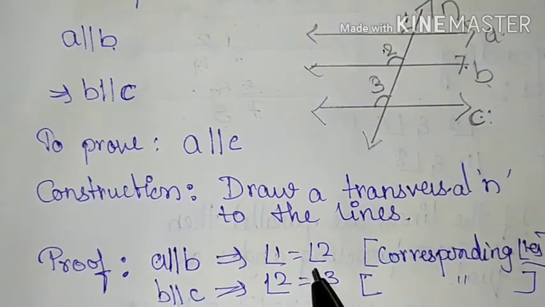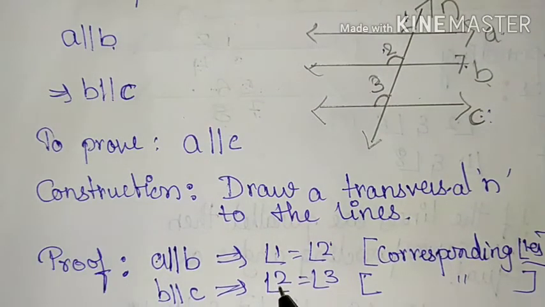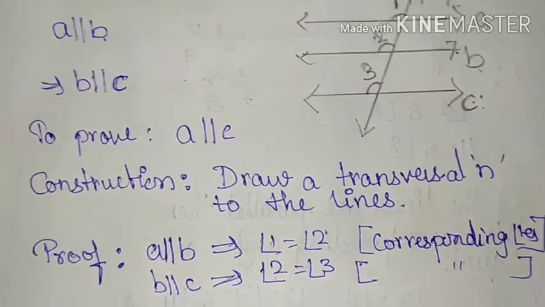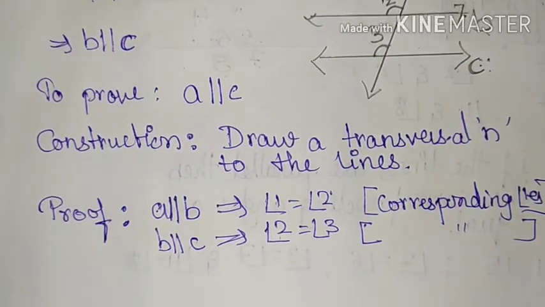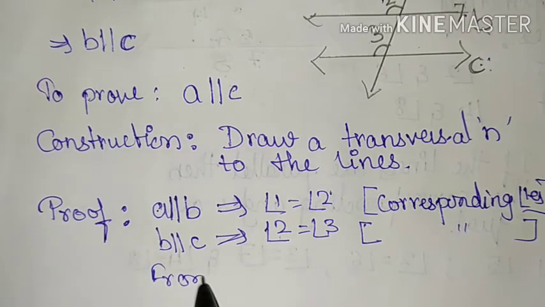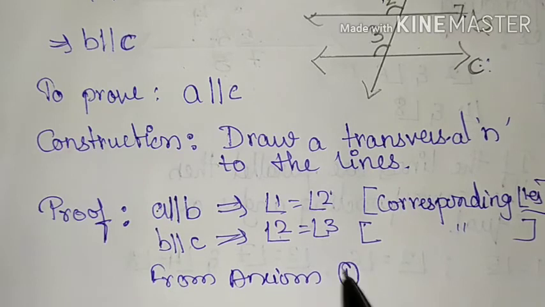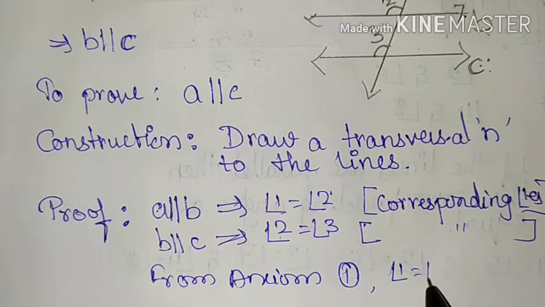So now angle 1 is equal to 2 and angle 2 is equal to 3. From axiom 1, which says that things which are equal to the same things are equal to one another, we get angle 1 is equal to angle 3.